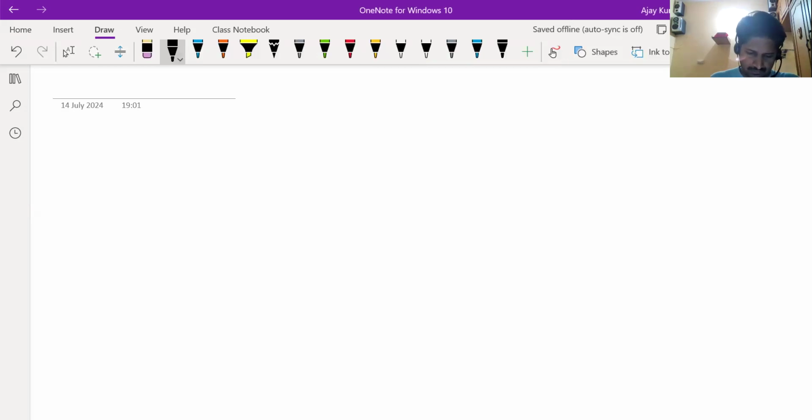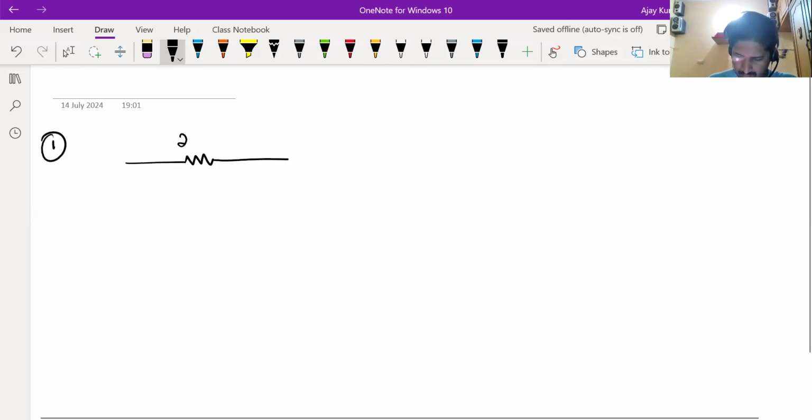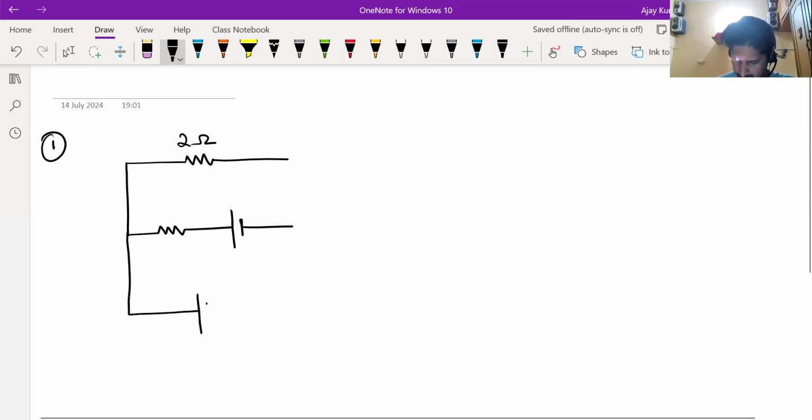Try this question, all of you. A simple circuit like this is given.